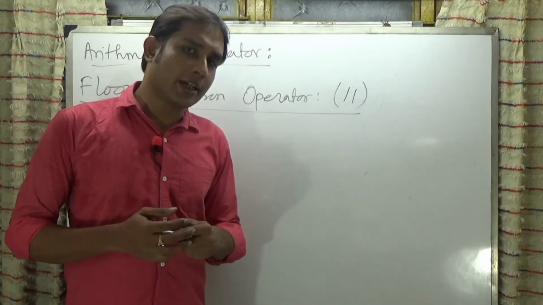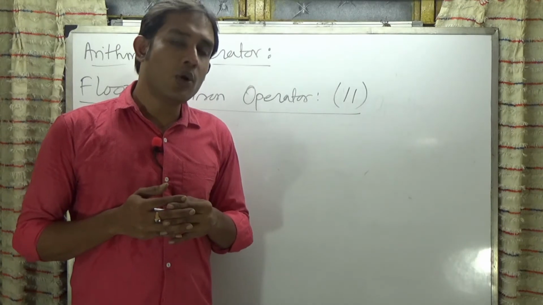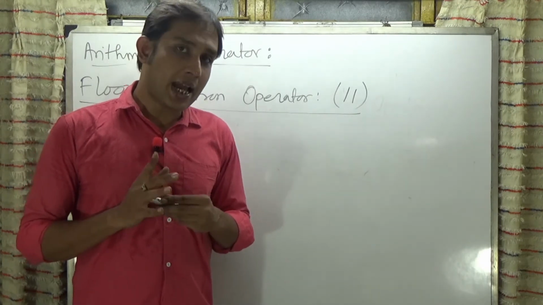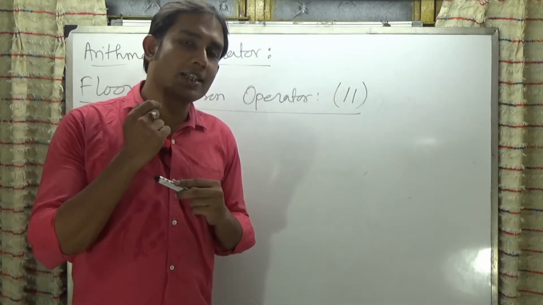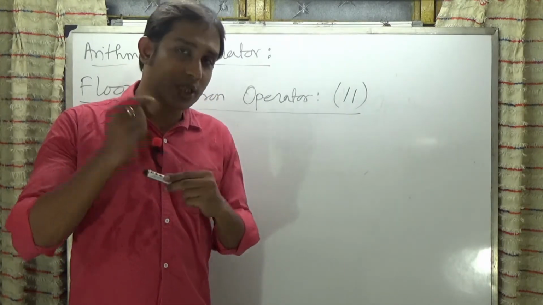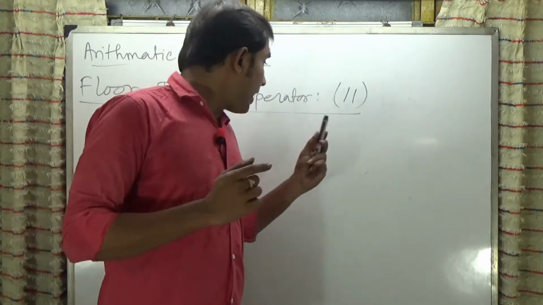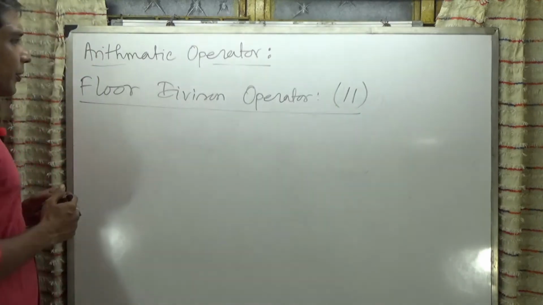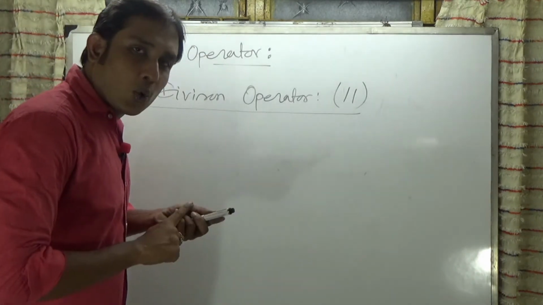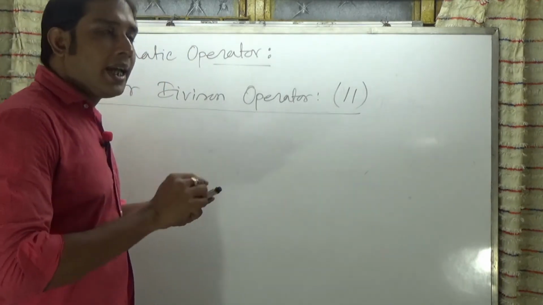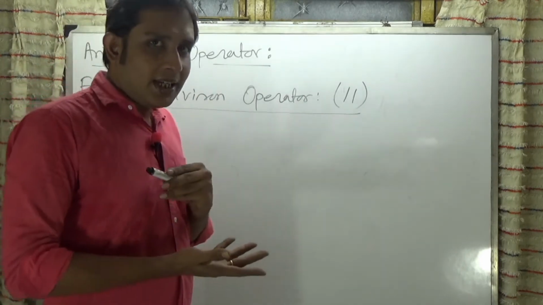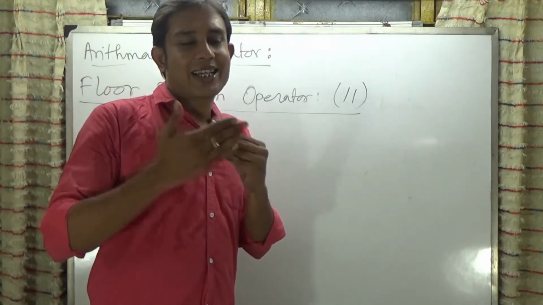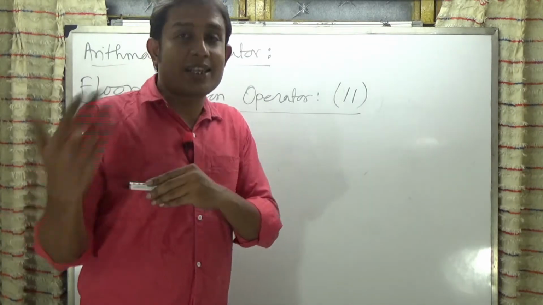But the division operator always returns a float quotient, whereas the floor division operator returns the quotient by omitting or truncating the fractional part.